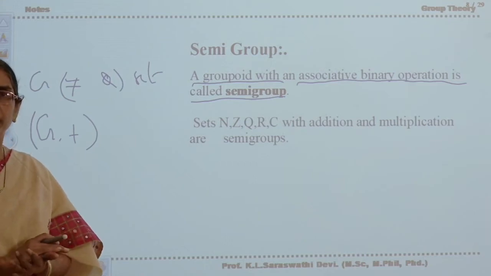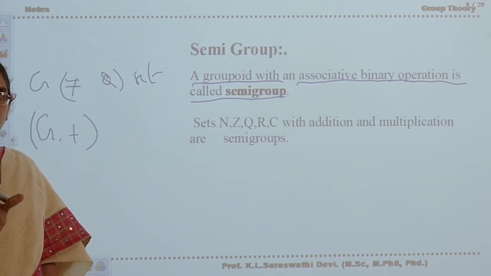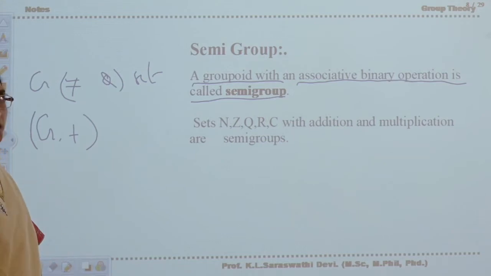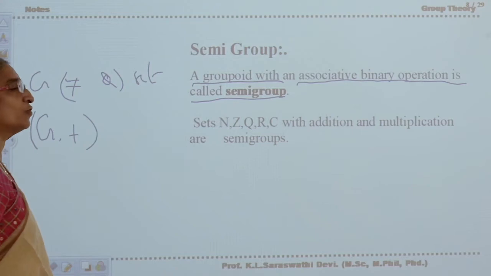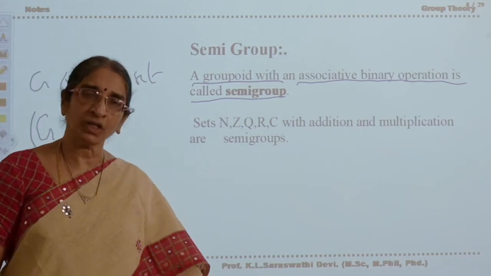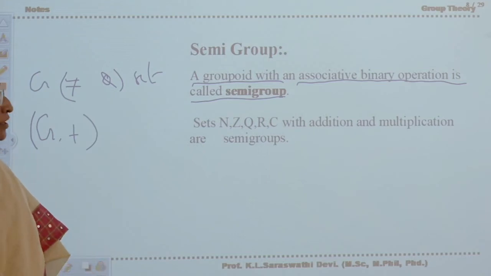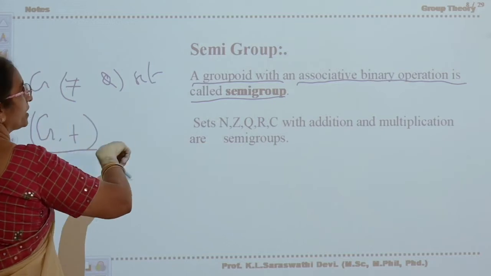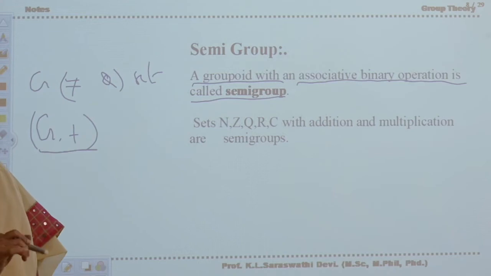Binary operator means the operator is operated between two elements of the set and the result belongs to the set. Or you will say that if G satisfies the closure property with respect to addition, then it is a groupoid with respect to the defined operator. Now you take such a groupoid, and if this groupoid satisfies the associative property, then you will say that it is a semigroup. What do you mean by associative?